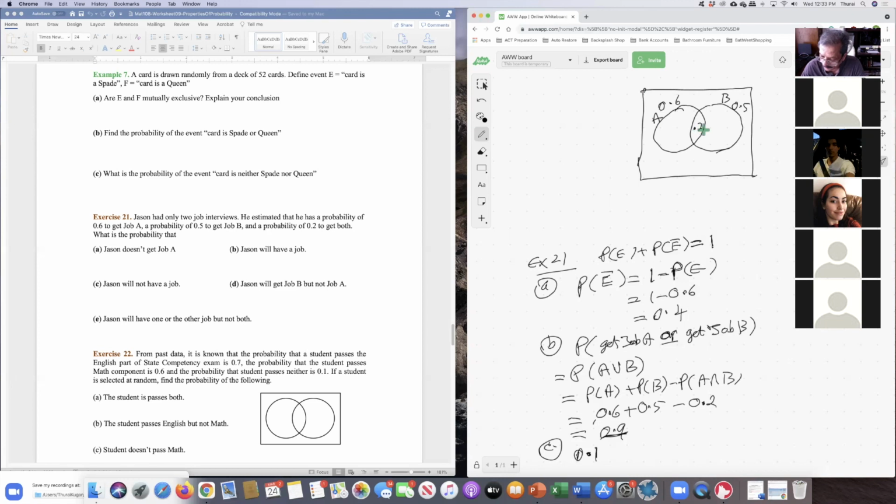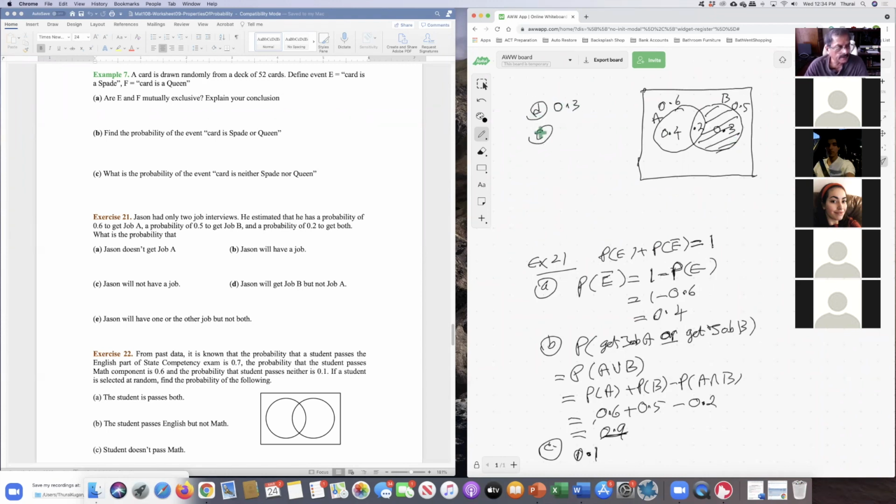Therefore the left section of A is 0.4, and the right section of B is 0.3. The question now is, what is the probability that Jason will get job B but not job A? That will be this section, the part of B that's outside of A. So that answer is 0.3.